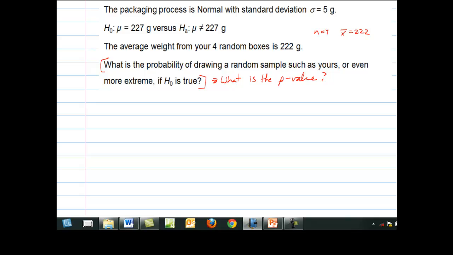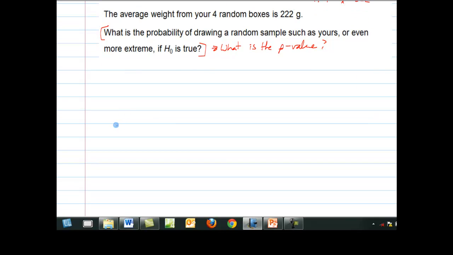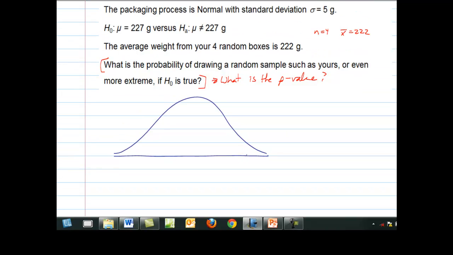Okay, well, the p-value is actually easy to find if we use a nice little picture. So let's go ahead and draw out the picture. We have 2 different distributions that we want to think about here. We have the distributions of our weights, and we also have the standard normal distribution that we'll want to talk about as well. So first of all, let's look at the weights. Now from up here, weights are distributed normal, mean, I don't know, standard deviation is 5.